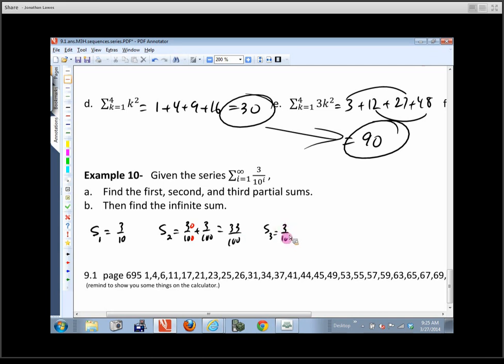That's going to be 3/10 plus 3/100. What's the next one? Next term? 3/1000. Let's get a common denominator. So what's the partial sum? 333/1000. Okay, what would you guess the fourth partial sum is? 333 over 10,000, right? And so forth.